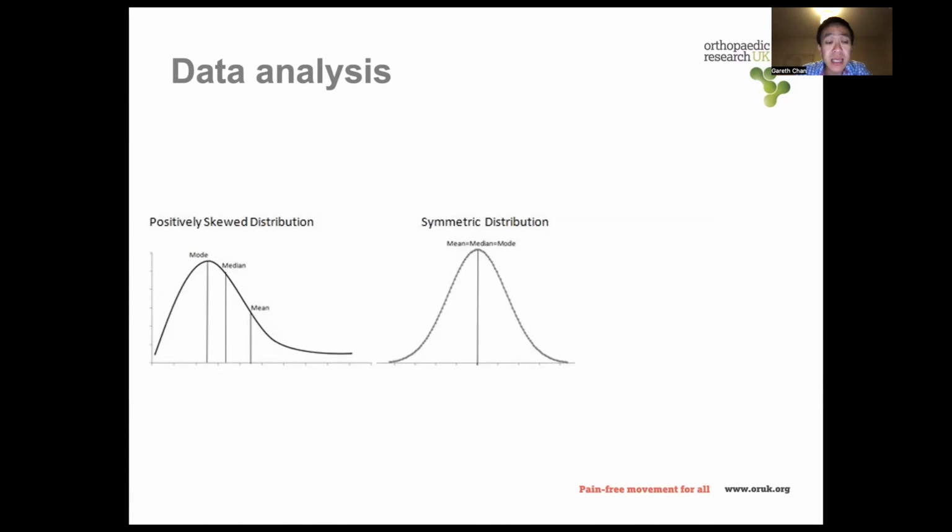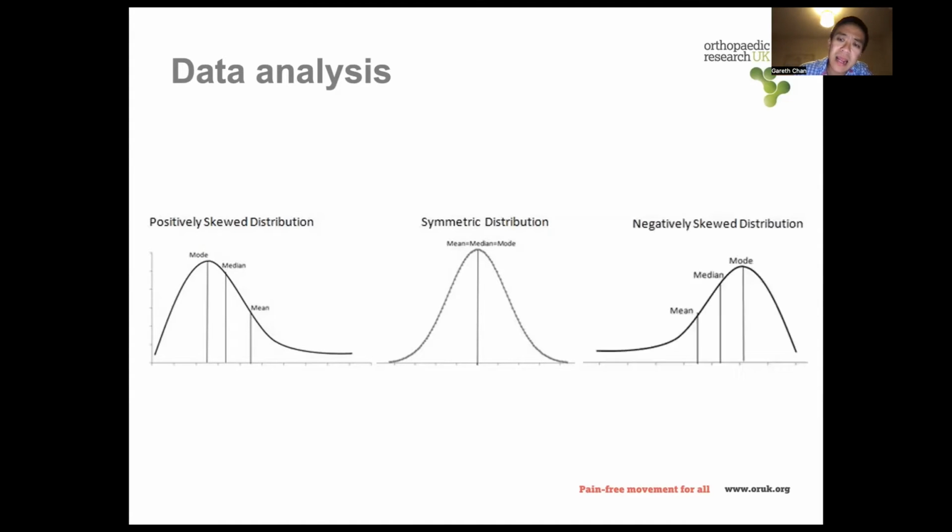As you can see, with a skewed distribution, you can get an arithmetic mean that is influenced by a very small number of digits. And then you can get a negatively skewed distribution, where the data is tailed off at the beginning, essentially the reverse of positively skewed data. Again, the arithmetic mean is pulled to one side by that tail.